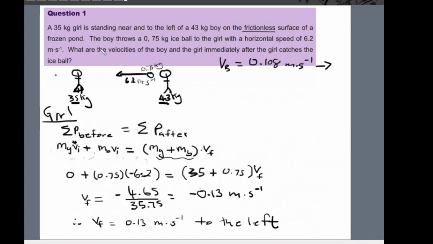And then they say the boy throws a 0.75 kg ice ball to the girl with a horizontal speed of 6.2 meters per second. So this boy throws a ball in a horizontal direction to the girl at this speed. This guy is throwing this ball towards the girl, and the ball is moving at this speed.